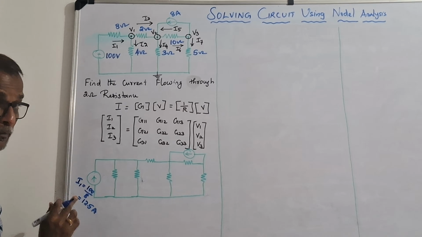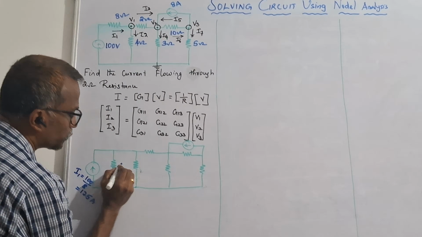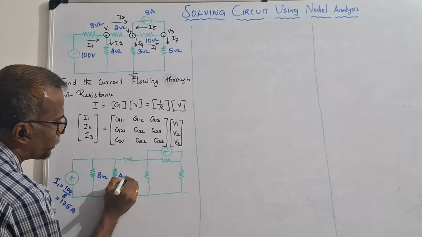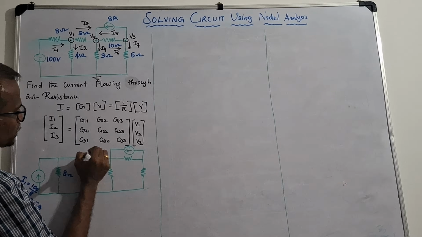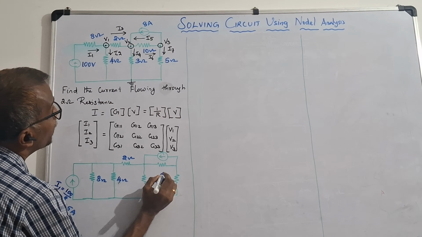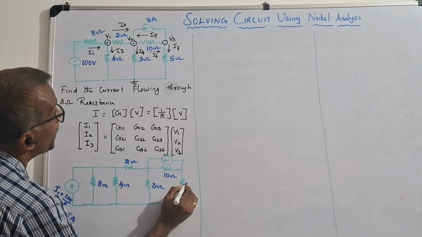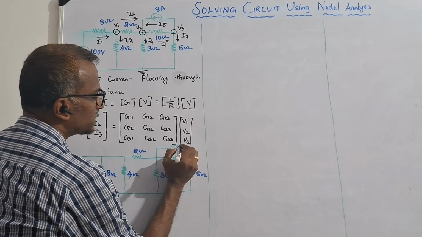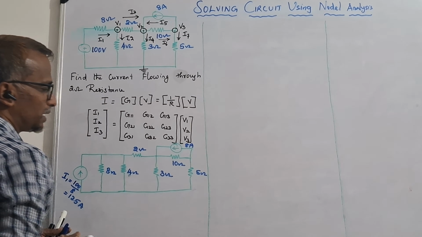So the current is 12.5 amps. The 8 ohm is connected in parallel. Then this is the 4 ohm, this is 2 ohm, this is 3 ohm, and this is 10 ohm and 5 ohm. Now this current is 8 amps.